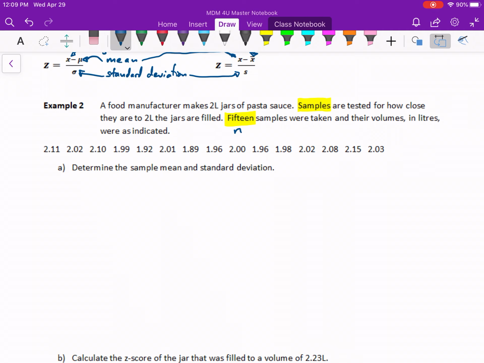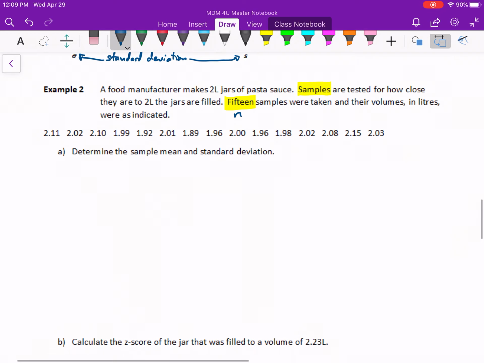Their volumes in liters were as indicated. So then we have this list of numbers here. The first one was 2.11, so it was actually slightly more than 2 liters. It was 0.11 liters more than anticipated. But some of them are less, some of them are more.